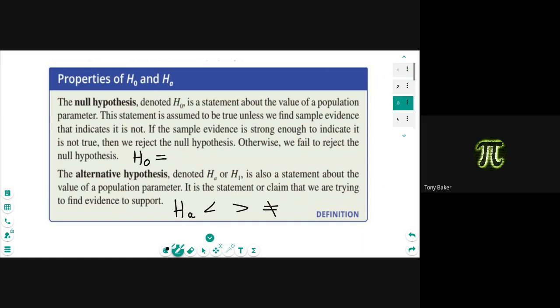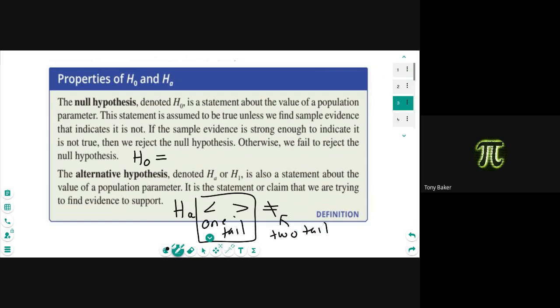So your null hypothesis will always be your equals, and your alternate hypothesis is going to tell us the direction we're going to be looking. If it's less than or greater than, these are what's known as my one tail. And the not equal to is my two tail.